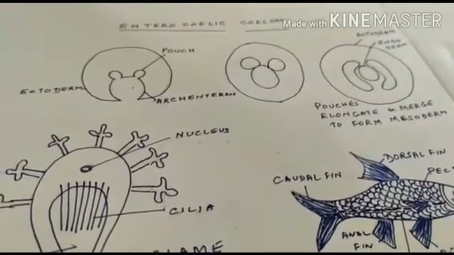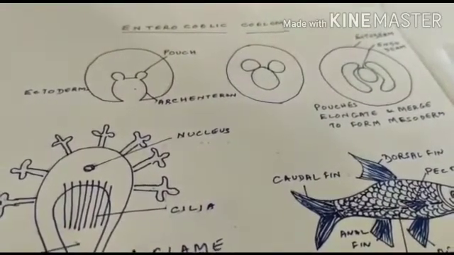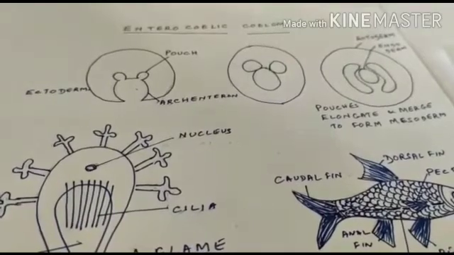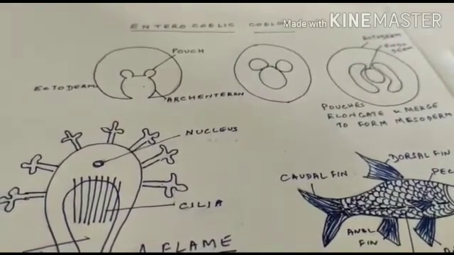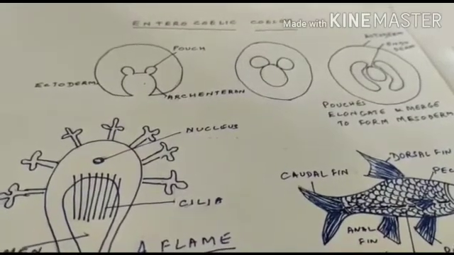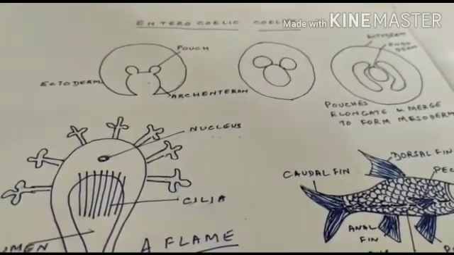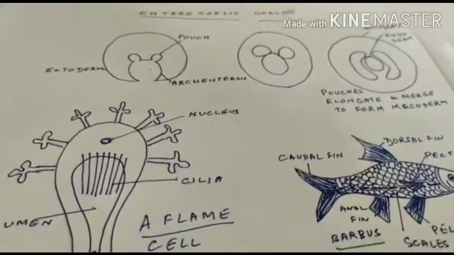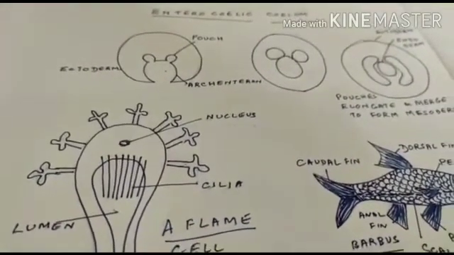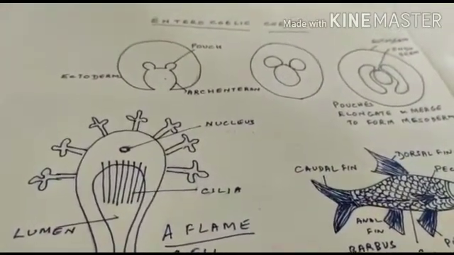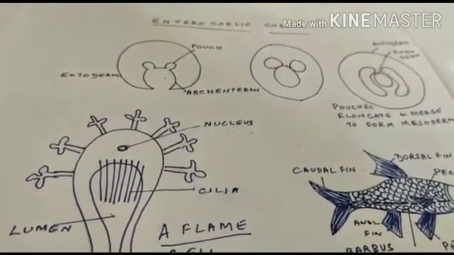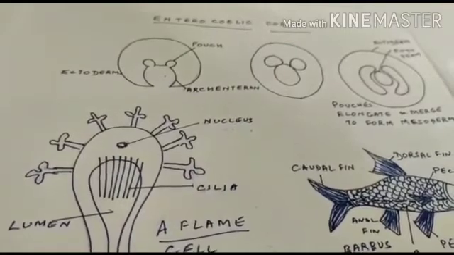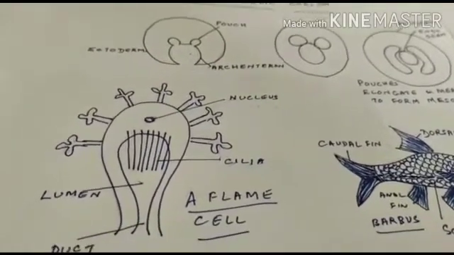Thus, three layers are formed, that is ectoderm, mesoderm, and endoderm, and mesoderm has the cavity which is the coelom. So one is the enterocoelic type of development of the coelom, which is found in echinoderms, is a characteristic feature of cephalochordates.